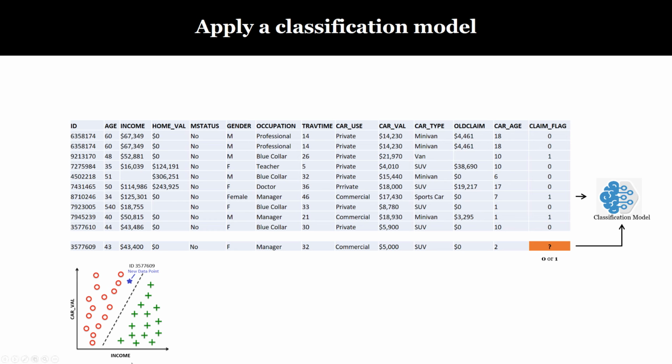So if I have two dimensions and I plot this from my training data, now I have the new case, which is the case 3577609. Let's say this. When I take the same X and Y axis, which is the income and the car value, this is the income here and the car value, then let's say I found the point lies here.